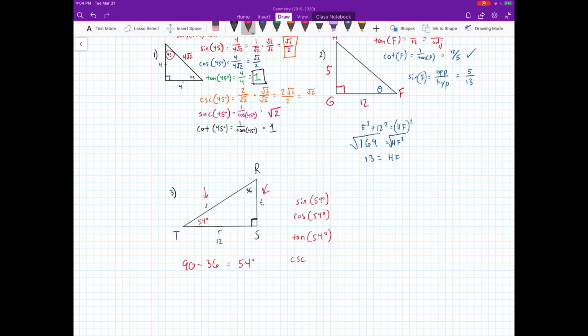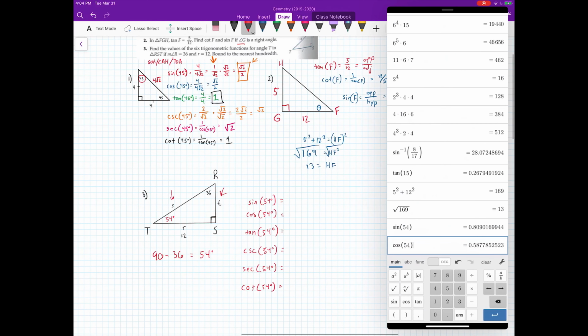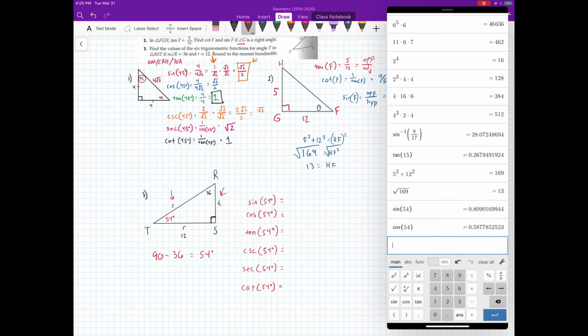We want to do cosecant of 54 degrees, secant of 54 degrees, and cotangent of 54 degrees. I will go ahead and do that with the calculator, but certainly you can do it as well. As you see, I already did this problem earlier as well. So there's cosine and tangent of 54 degrees. All right, so I have those three.